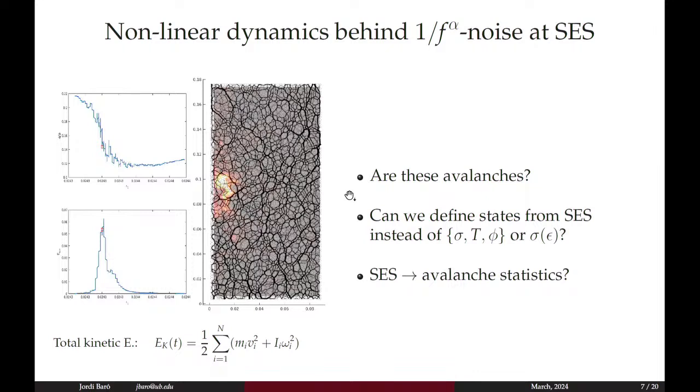And there's an interesting question that we couldn't address, but we would like to address at some point, is whether we can define the states from this idea of SES instead of the traditional jamming representation. And what we are going to address here is how these avalanche statistics are in this SES, and what we can say about the system and the nature of this stability limit, right?